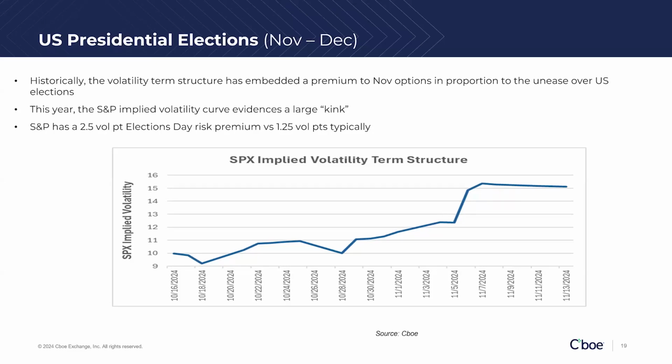On the date that this was measured, the kink was about 3.5 vol points. Normally going into presidential elections, we see a kink of about 1.5 vol points. When we measured the same kink on November 5th, the day before the presidential elections, the size of this risk premium actually increased to 10 vol points, which basically means that the markets expected the underlying S&P to move a lot more than expected.